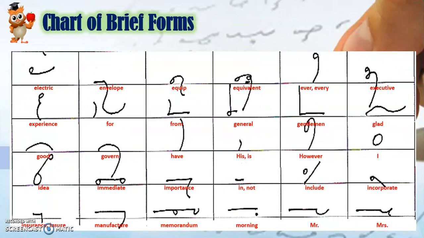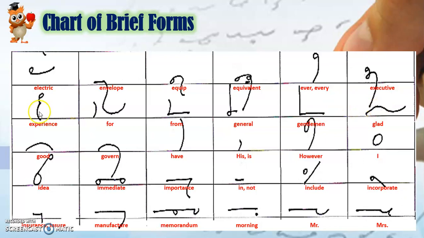So next, in the first line, we have the electric, enveloped, equipped, we have equivalent, we have ever, every, we have executive, experience, for, from, general, gentleman. So you cannot see E as part of the stroke.